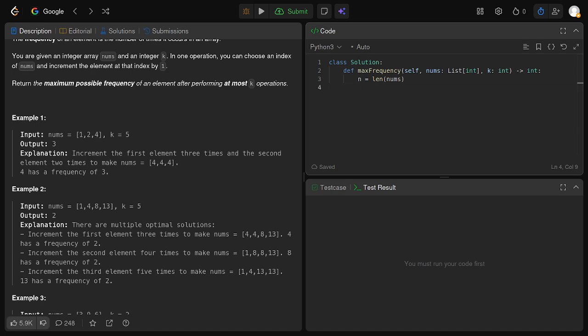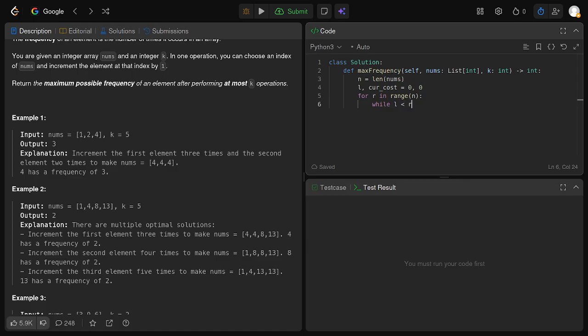So let's do L is 0, for R in range n, and then basically what we do, so we have some sort of current cost, right? And then what do we do?